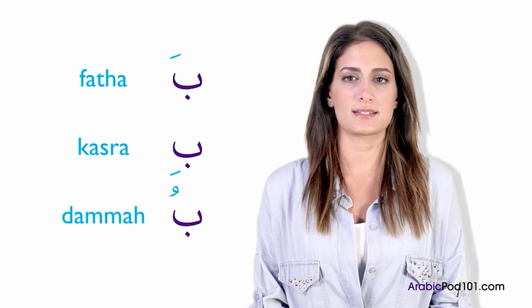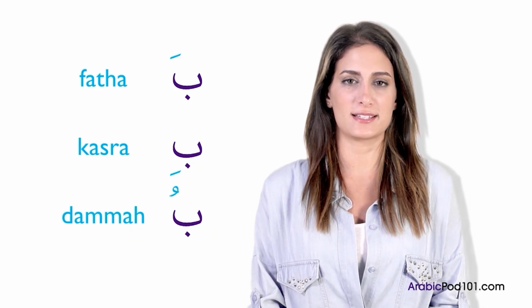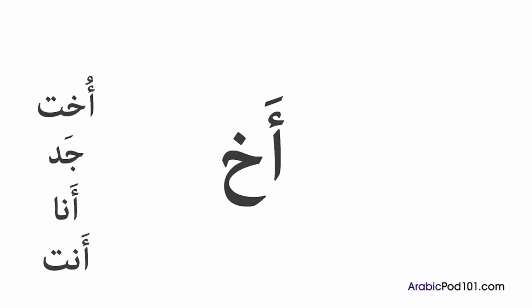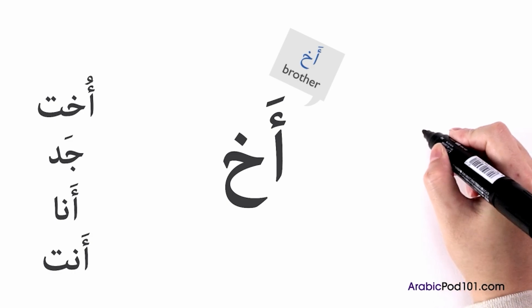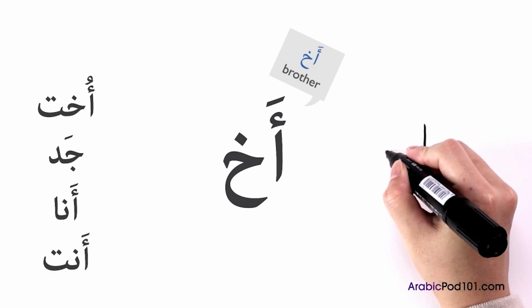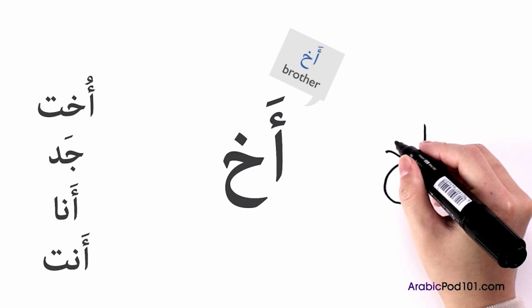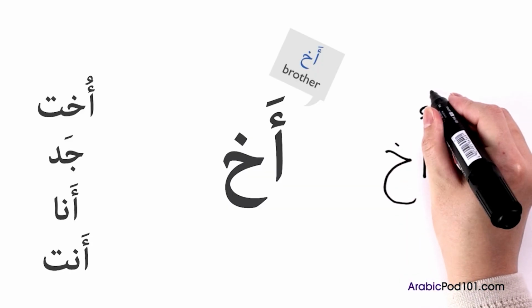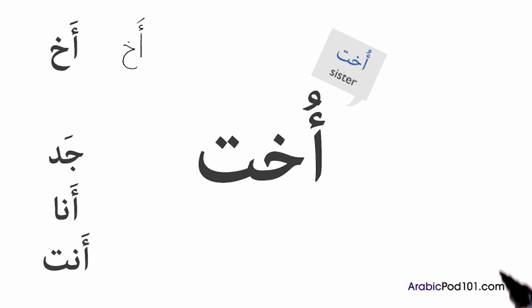Now, let's practice writing and pronouncing these basic voweling signs. Akh, brother. Akh, ukht, sister.